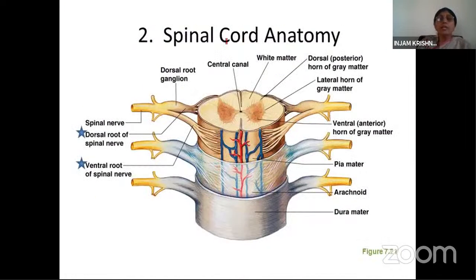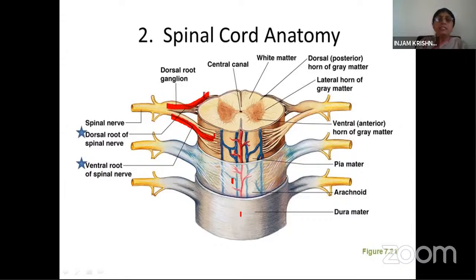Here once again you can see all the terms used previously. We can observe all those things here. Spinal cord anatomy: the central canal, the gray matter, the white matter, dorsal and ventral, posterior, anterior, and the three layers, dura, arachnoid, and pia, and these are the nerves.